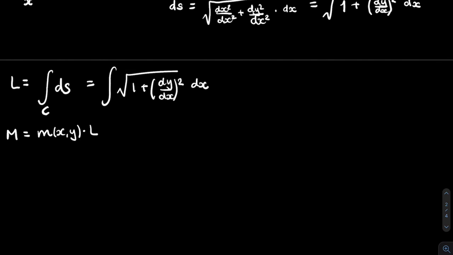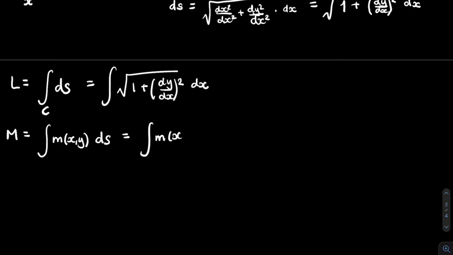So that's not quite right. What we actually have to do is integrate the mass density function over the curve right here. We can't simply multiply it by L because the mass function depends on x and y. Then we can simply substitute in what ds is.